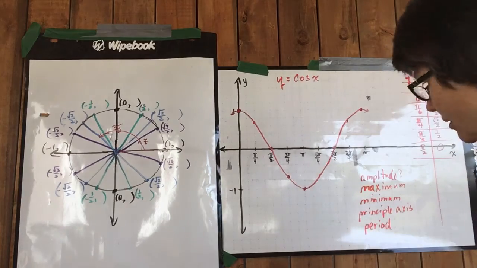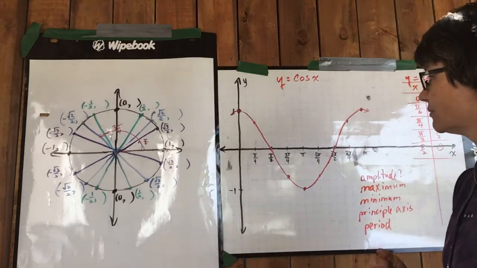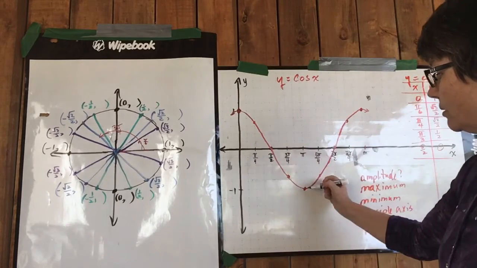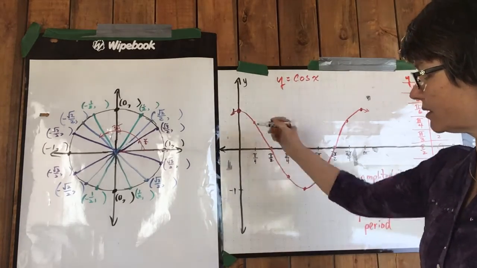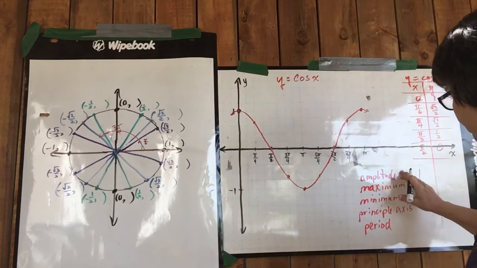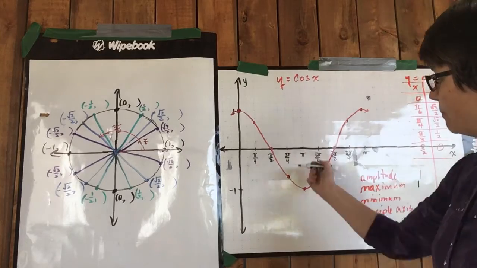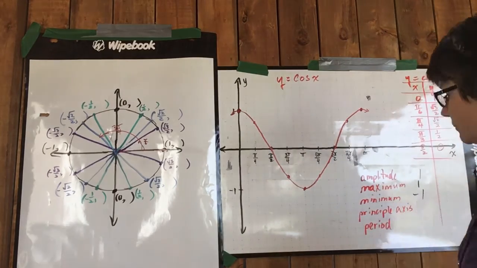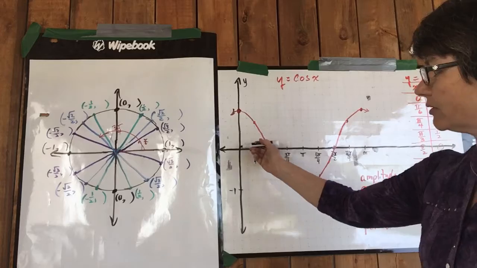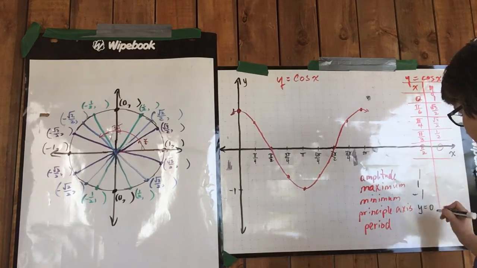Okay, so the amplitude, again, goes from the principal axis to the minimum, or from the principal axis to the maximum. So in this case, that still remains 1. The maximum is 1, and the minimum is negative 1. The principal axis is still the x-axis, whose equation is y equals 0.